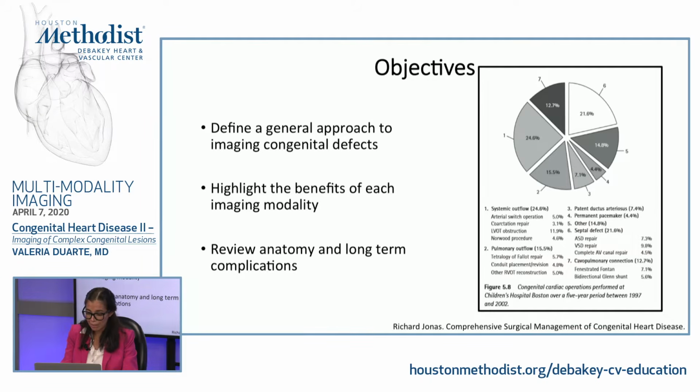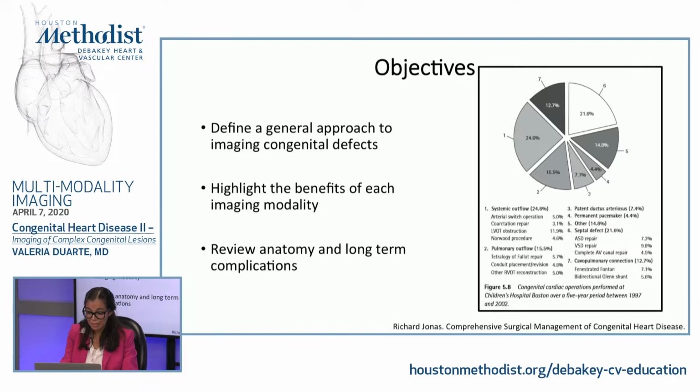So one thing, we're very used to imaging septal defects, but as you can see, that represented 21% of the surgeries in that time frame, but by that hospital. And we can see that a quarter, if you look at number one, of the surgeries were for conditions like D-loop transposition, coarctation, LVOT obstruction, hypoplastic hearts.